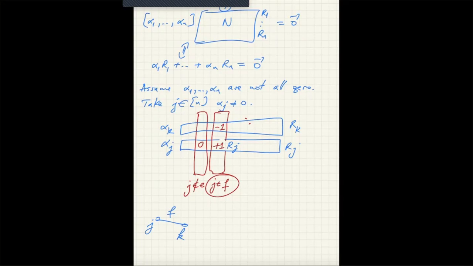If you look at this sum, alpha 1 R1 plus and so on plus alpha n Rn equals 0.